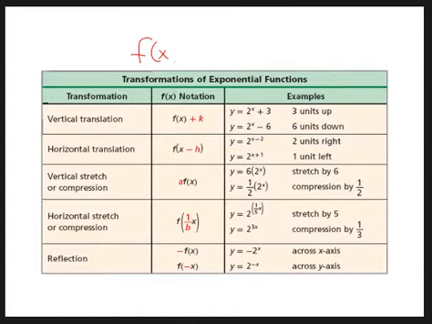Your parent function for linear functions was always just y equals x or f of x equals x. With quadratics, your parent function was always just x squared. And there was a similar way that we approached polynomials, if it was x squared, x to the third, x to the fourth, and so on.